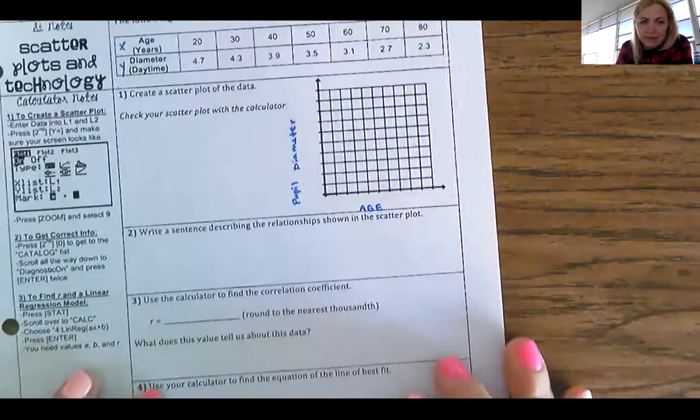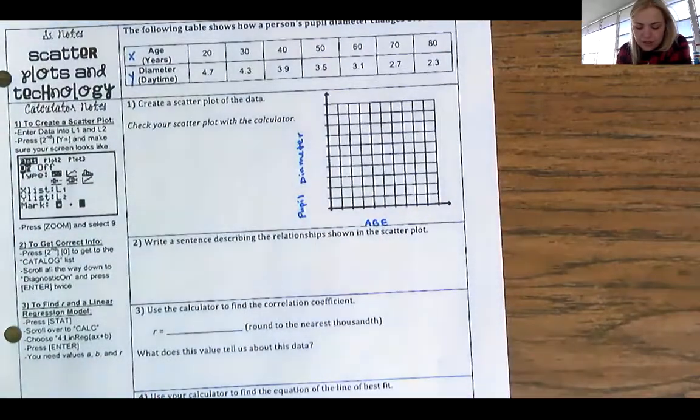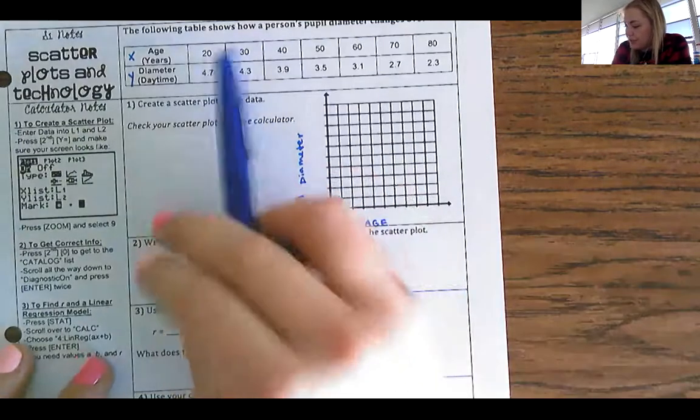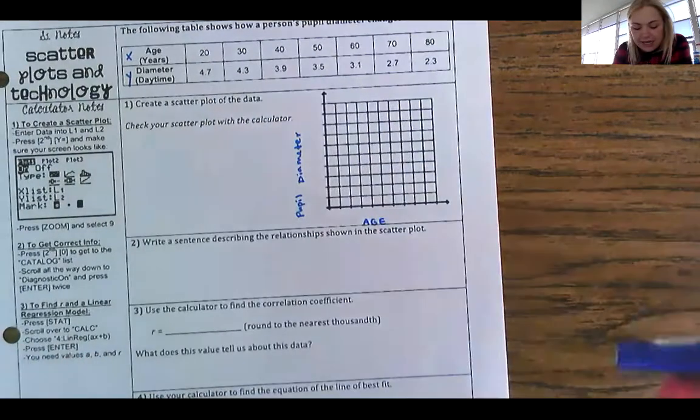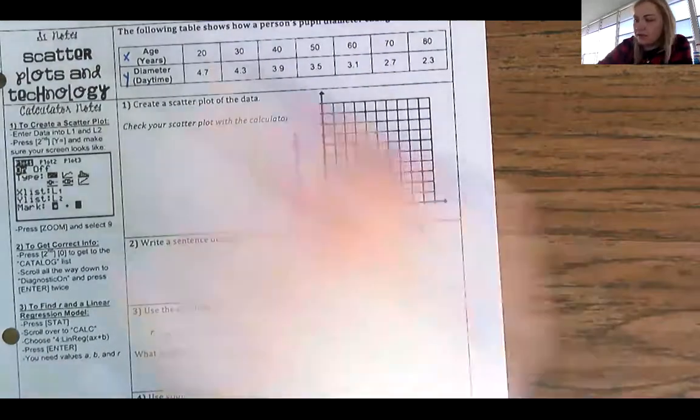All right, so I know that the ages, looks like the youngest age is 20, the oldest is up to 80. So I'm going to count by tens along here.